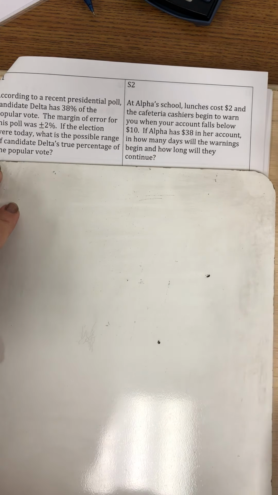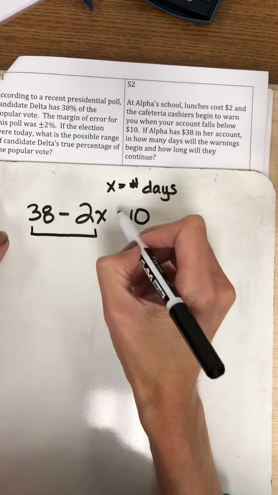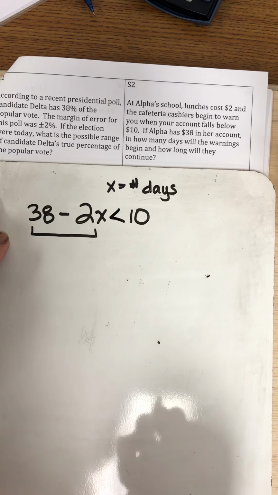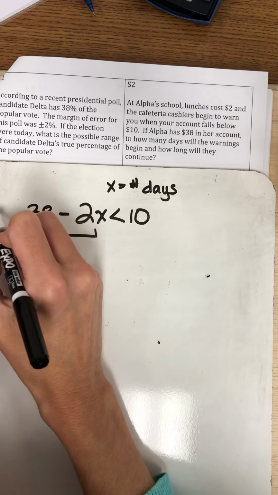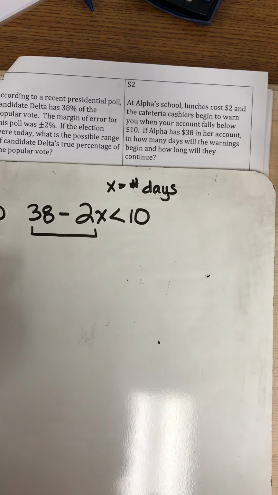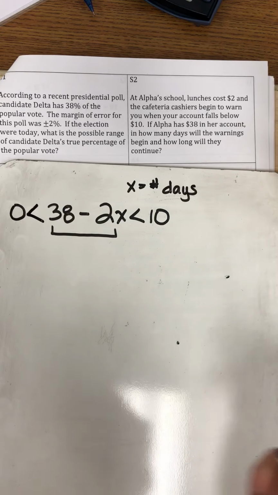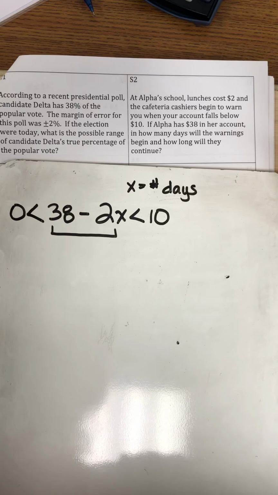When this amount, how much she has in her account, becomes smaller than $10, they're going to warn her. But when this amount reaches 0, she's not going to be able to buy anything anymore. So this amount has to be more than $0. She can't have $0 in her account.